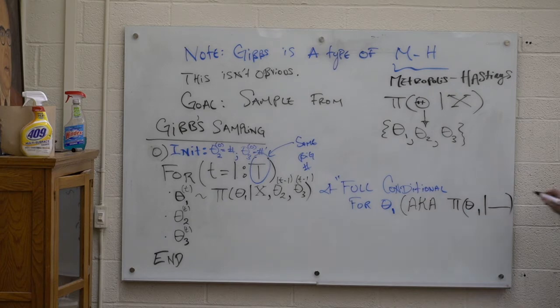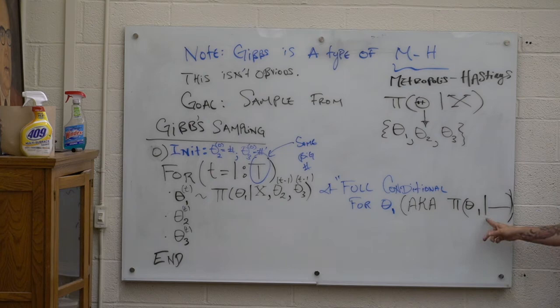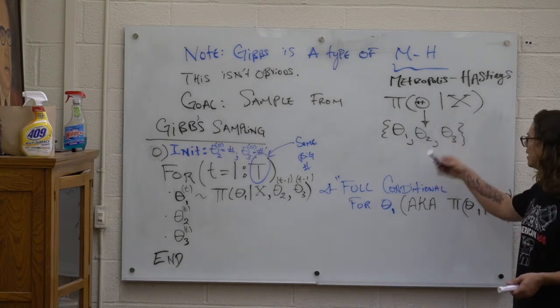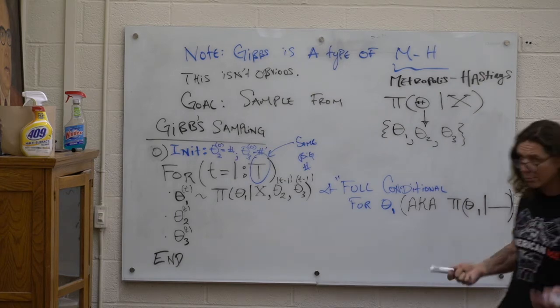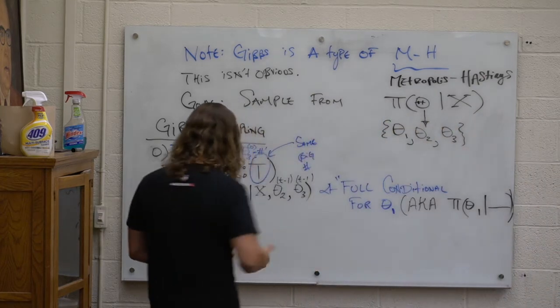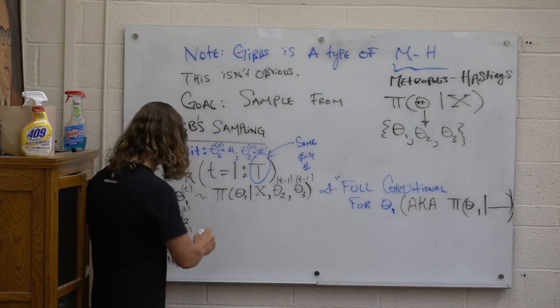So in a journal manuscript, you're likely to encounter this notation. So this is the full conditional for theta 1. It's just saying theta 1 conditioned on everything else in the model. In our model, we've got our data, and we've got 3 parameters, so I'm going to condition on all the other parameters. Okay, so Gibbs Sampler updates these other parameters similarly.